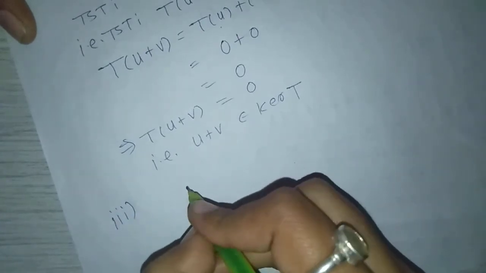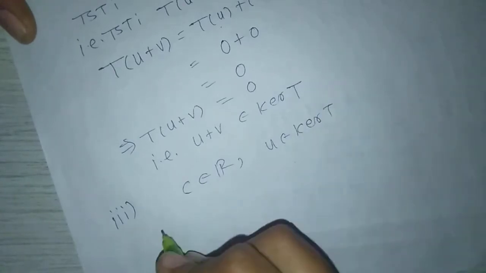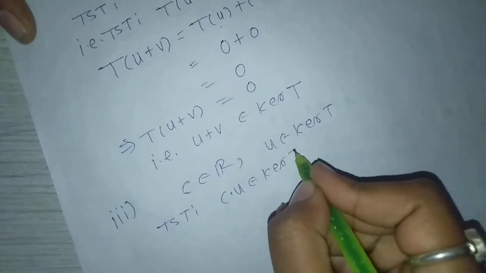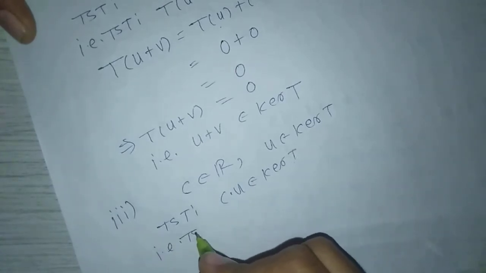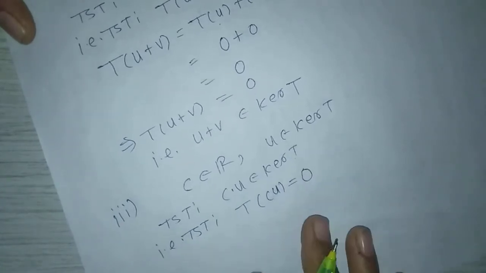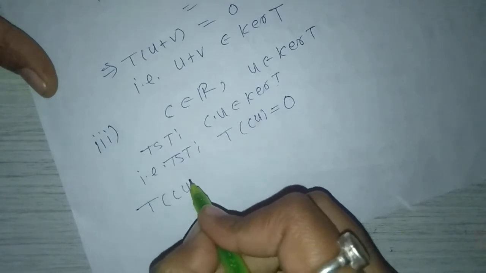Next, c belongs to R and u belongs to kernel of T. Here we want to show that c times u belongs to kernel of T, that is, to show that T of c times u equals 0. First take the left hand side, T of c times u.